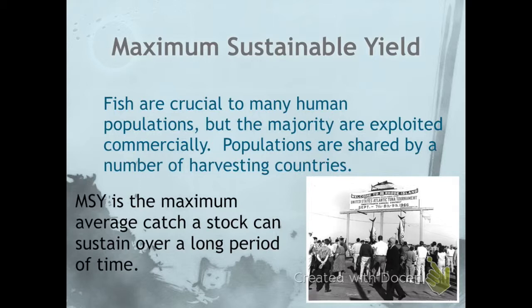There's also probably quite a few countries that don't exactly follow these protocols because the numbers are based on the population of that country. So it's kind of interesting to think about the economic influences and things that would play into deciding what country gets to fish what fish and how many and all of that good stuff.